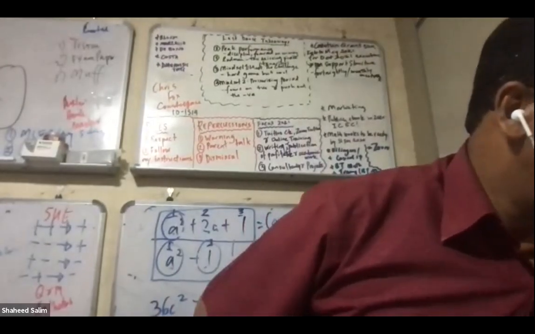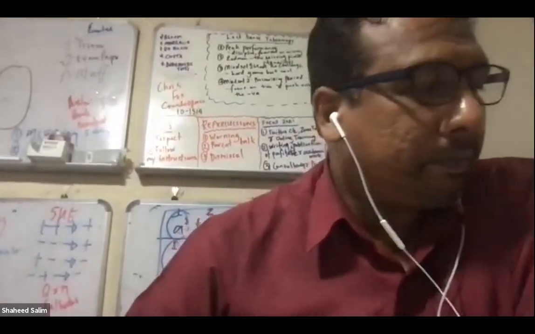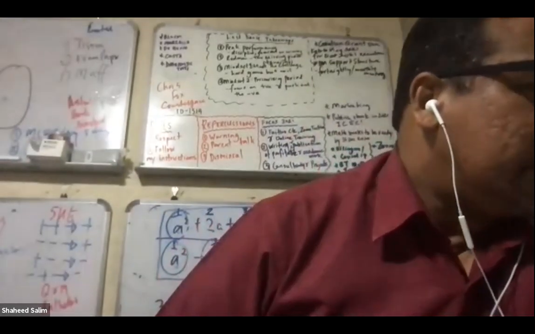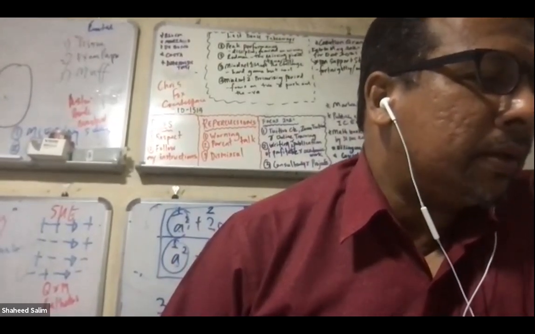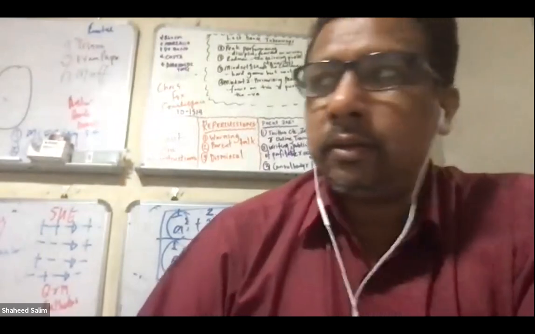What's the A minus 6 and A minus 6. Okay, so A minus 6 bracket square. What about B? B minus 2 square. Okay, well done.